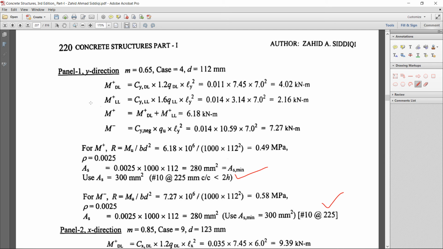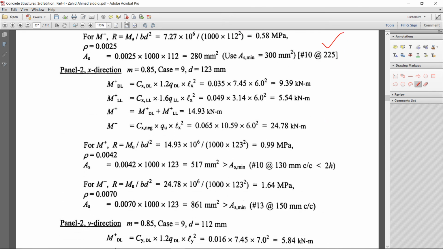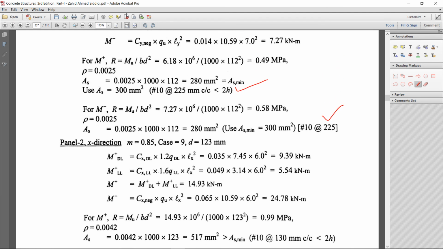Here panel 2, M value is 0.85 and case is 9, and in the X direction, that is the short span, so that is 123 millimeter effective depth. So for the coefficients for panel 2, for dead positive, case is 0.85, case 9.